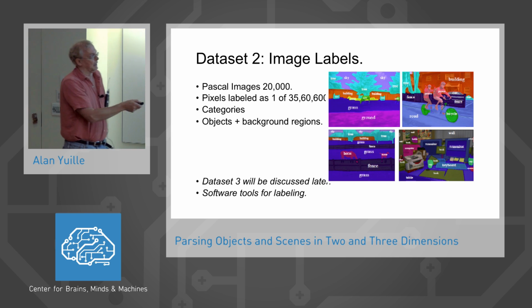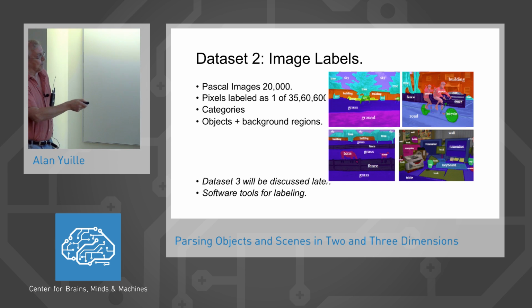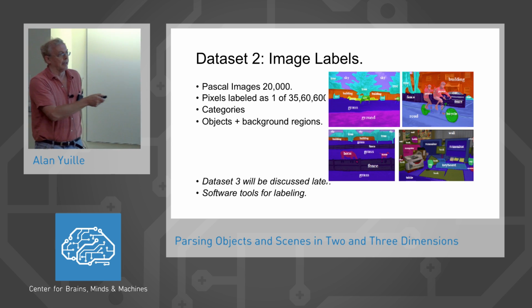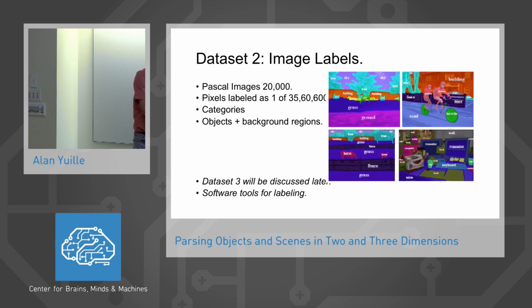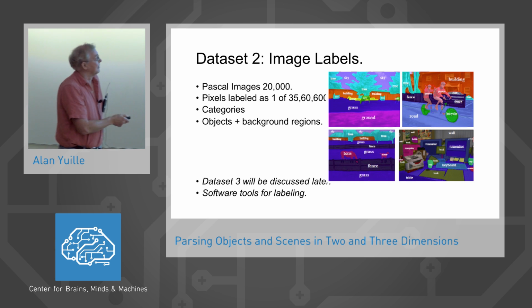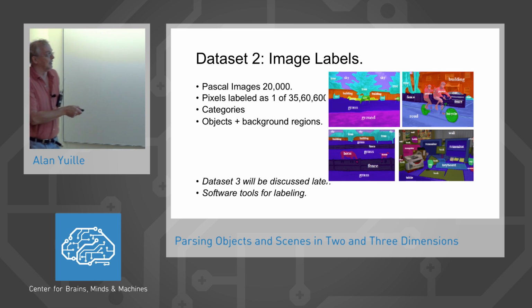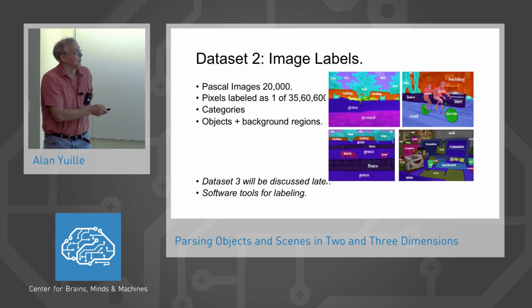Every pixel would be assigned to one of these labels, and again, you could do the task of not just detecting the object, but detecting the background and so on. Dataset 3 is sort of a subset of this, and I'll discuss it a bit later on in the third part of the talk.